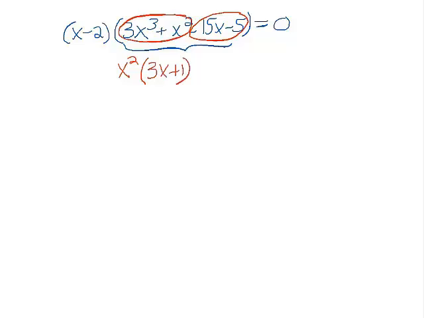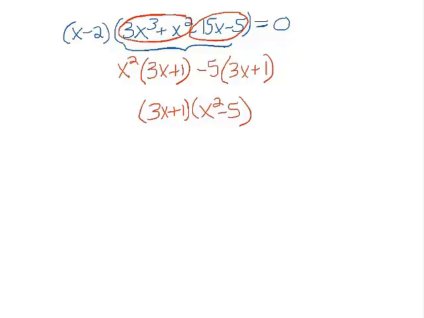And then the GCF of my other group is really negative 5. So if I factor out a negative 5, that leaves behind a 3x plus 1 as well. Perfect. So now I factor out a 3x plus 1, and I leave behind an x squared minus 5.